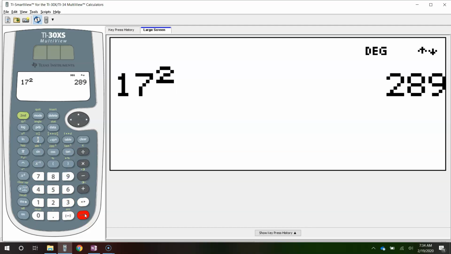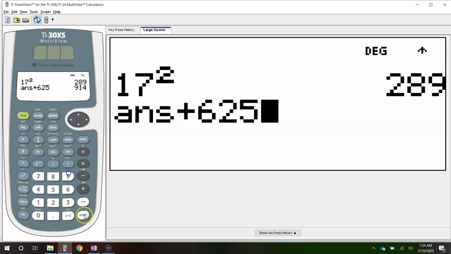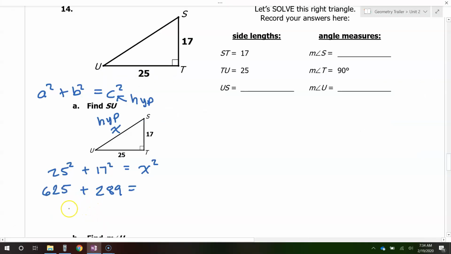Okay, so that's 289 plus the 625 gives us 914. So we have 914 is equal to x squared.